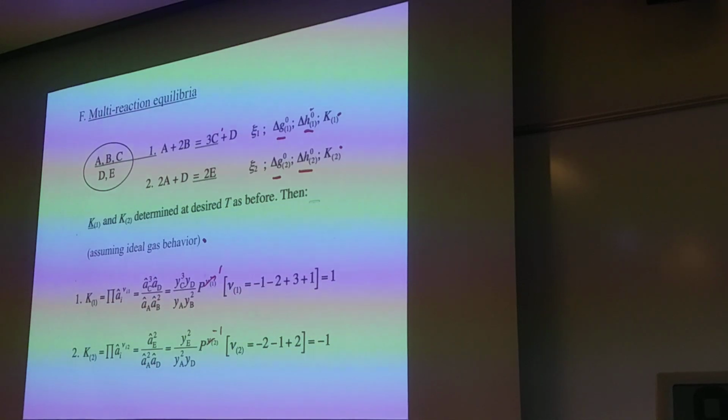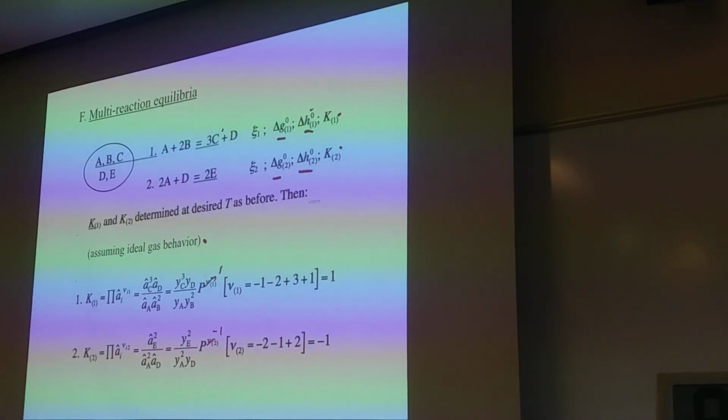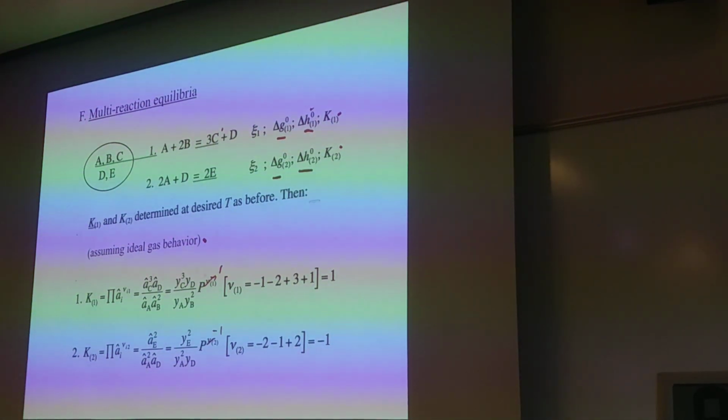So I've indicated that here. Let's assume that that information is given to us. That is, I've given the reactions here and the temperature of interest and the pressure of interest, so I have everything I need to know to solve stoichiometrically for what the composition of the system would be, subject to both of these reactions at the same time.